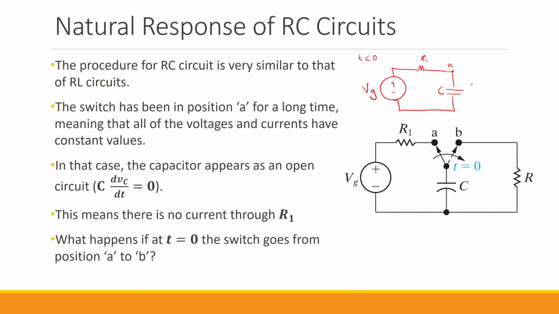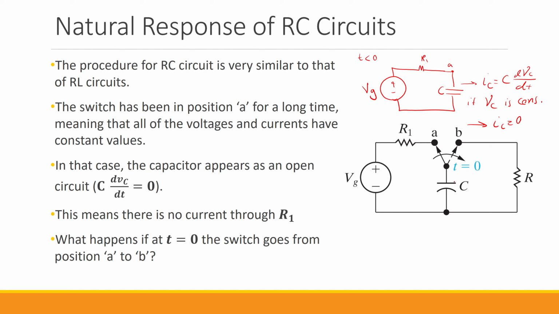If you remember the equation for the current of the capacitor, it was iC equals C dVc over dt. That means that if the voltage of the capacitor is constant, the current through the capacitor is going to be 0.